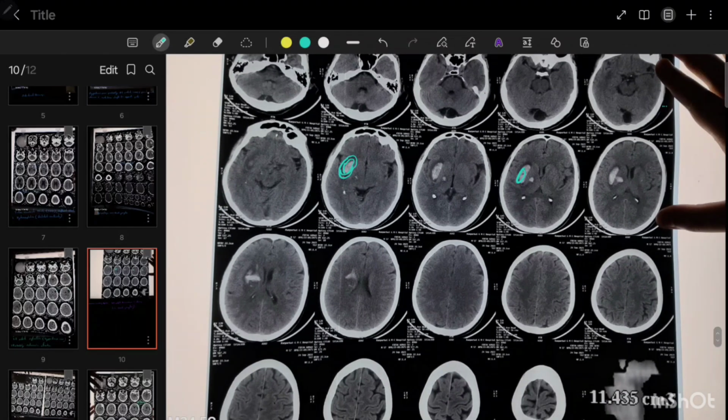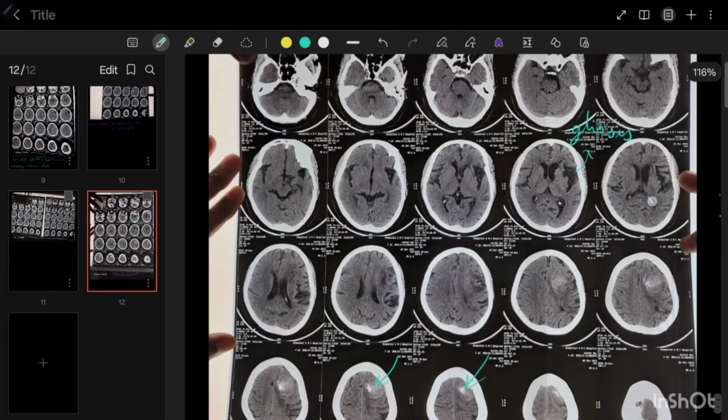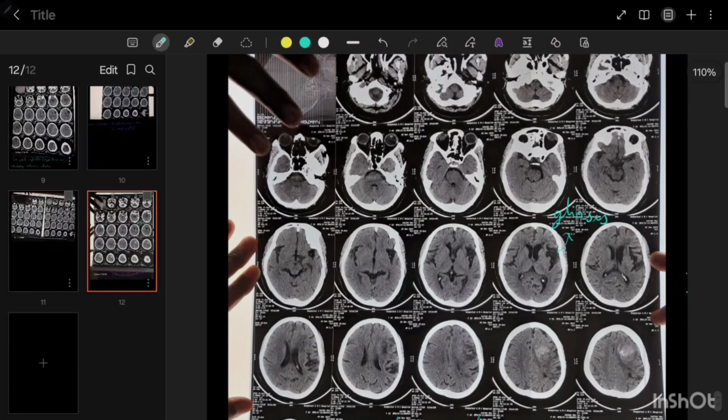So what is the diagnosis? It is a hyperdense area encircled by a hypodense area. Probably it is a right-sided hemorrhage with edema at the level of the basal ganglia.